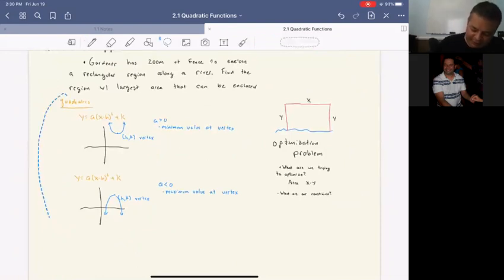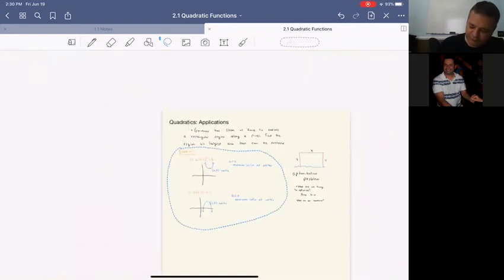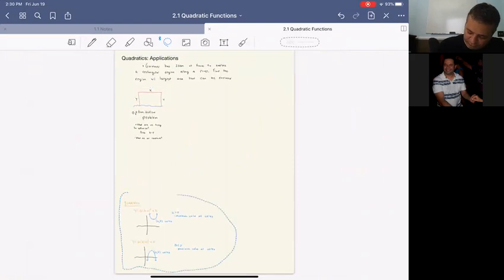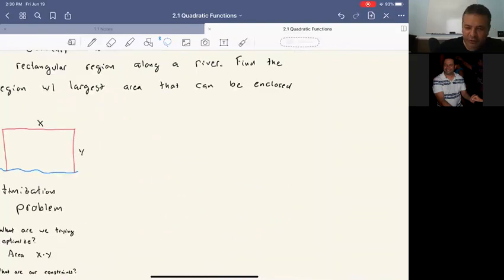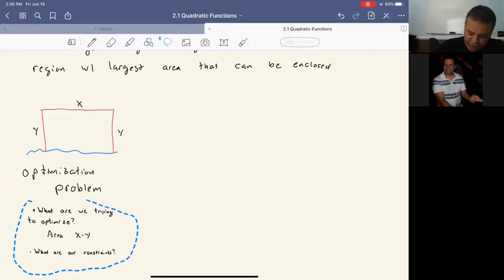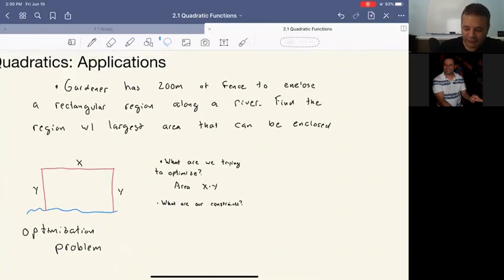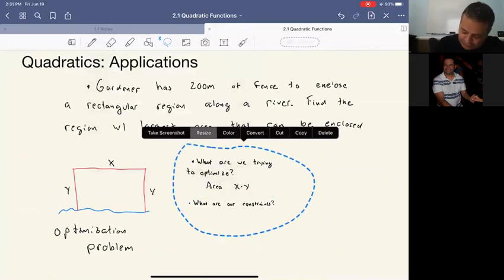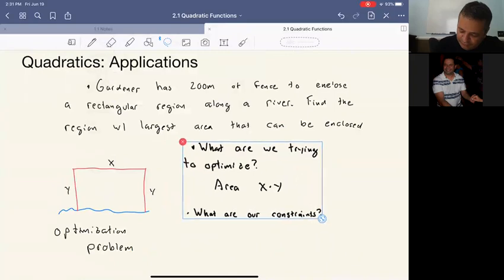So what are our constraints? Our constraints are that we have 200 meters of fencing.